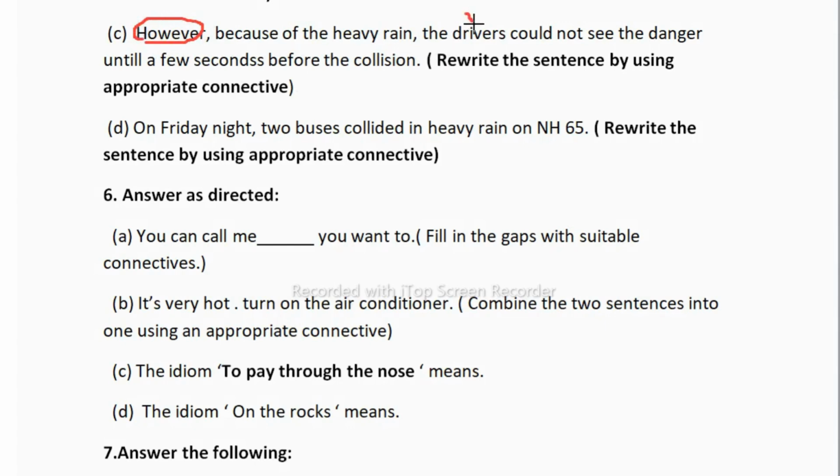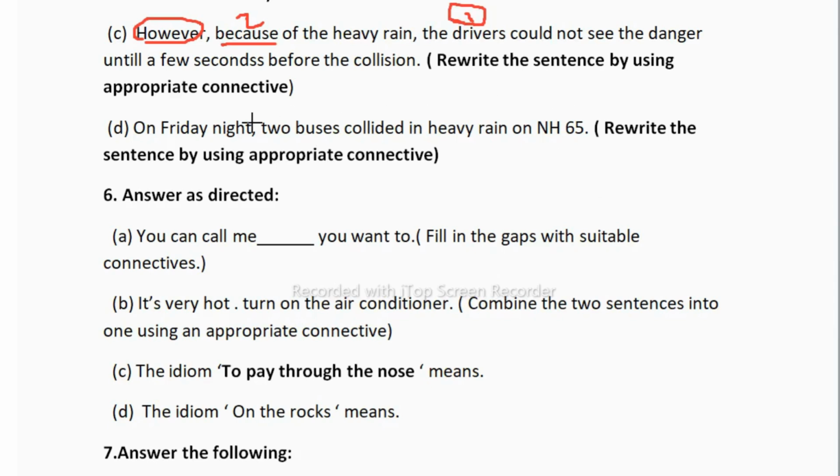The first clause of this sentence is, the drivers couldn't see the danger until a few seconds before the collision. Now the second clause is because of the heavy rain. So your sentence is, the drivers couldn't see the danger until a few seconds before the collision because of the heavy rain; because is your connective.